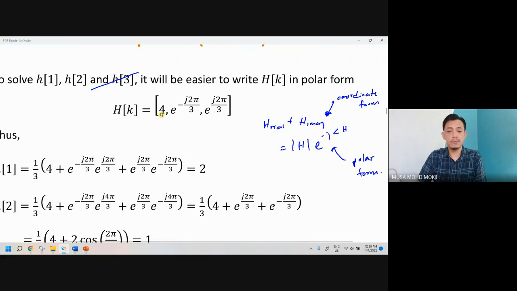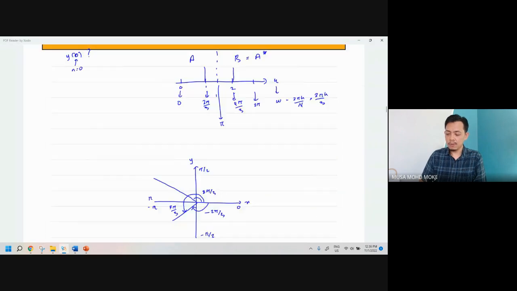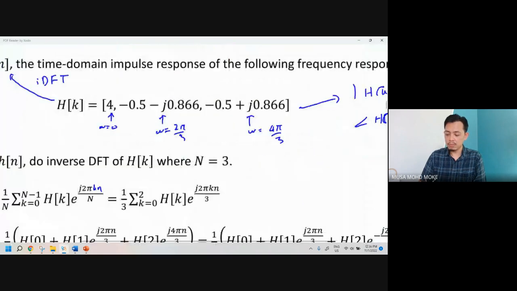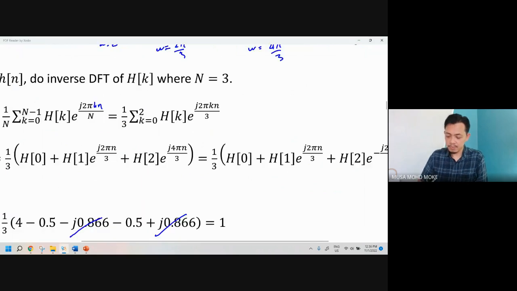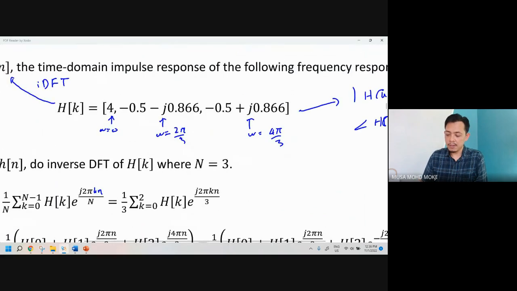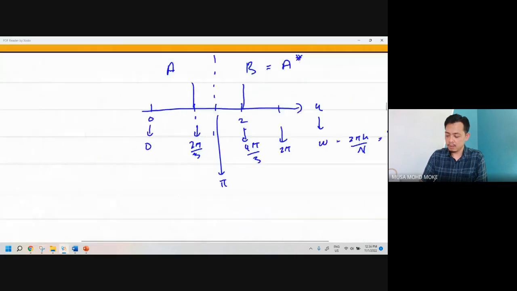That's why we have 4 only. And then the second one, how to convert that? You find the magnitude of this one, and then the phase of this one. Let's see, we have time to do that. 0.5, 0.866.